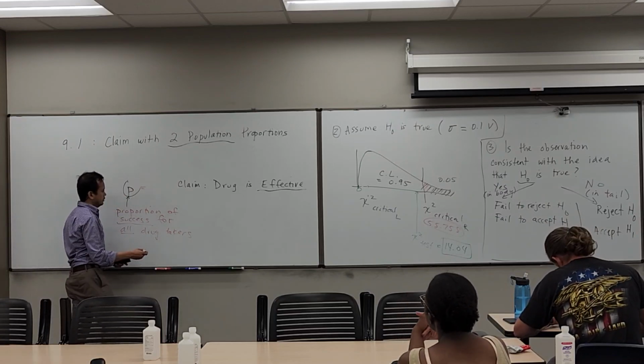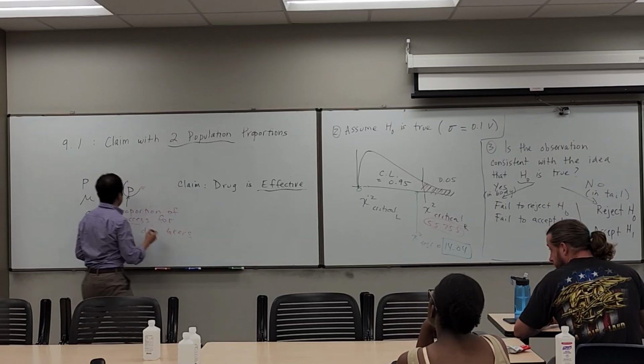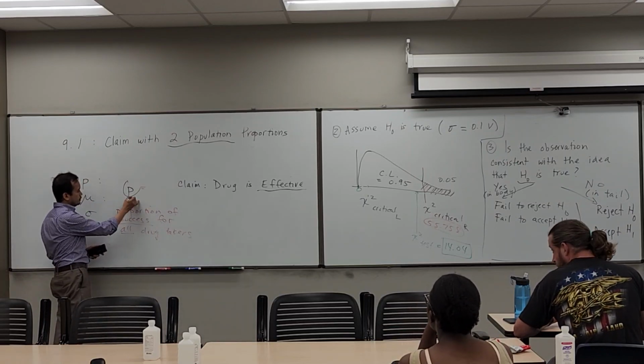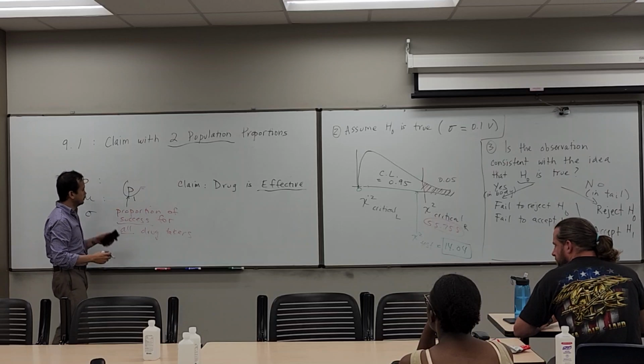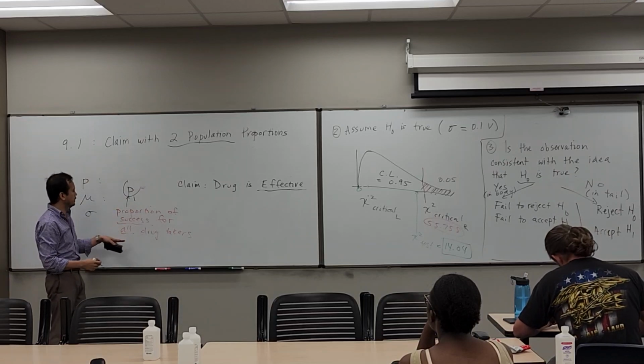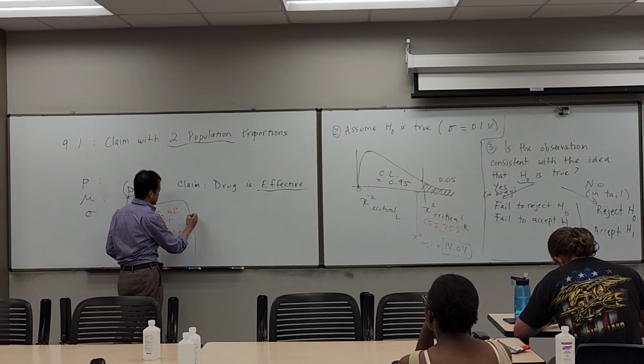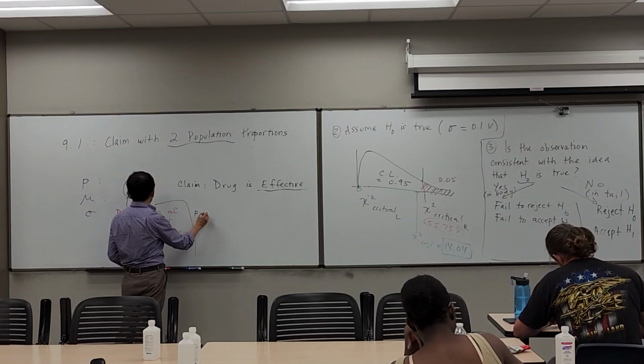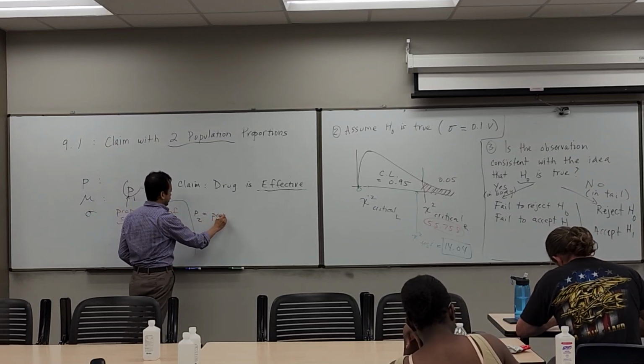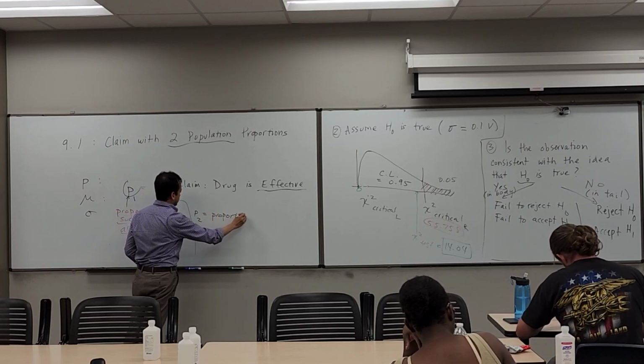And so now we're going to use two different symbols. So P1 is the proportion of success for all drug users, and P2 will be the proportion of success for everybody who doesn't use the drug.